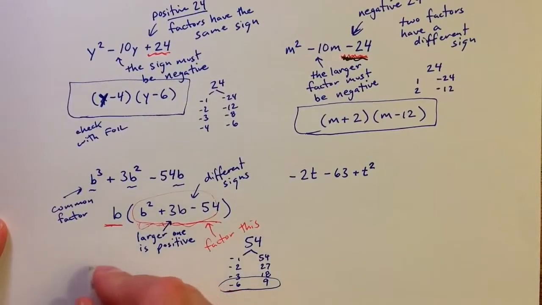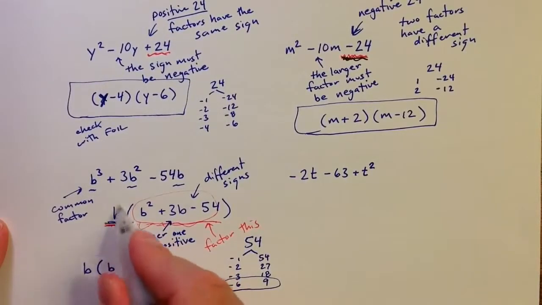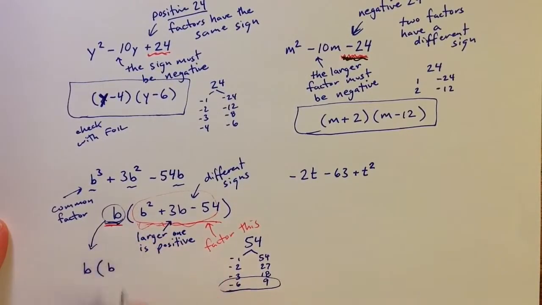So there's still a b as part of my factorization. This b sticks around. It's going to be part of my answer. But then what's in the parentheses becomes b minus 6 times b plus 9. So now multiplying this out, I would want to use the associative rule. Right?